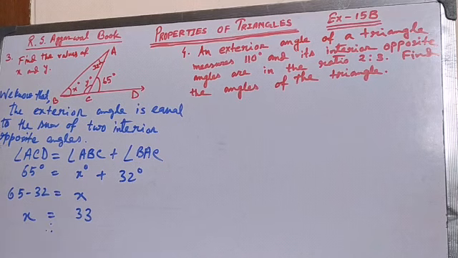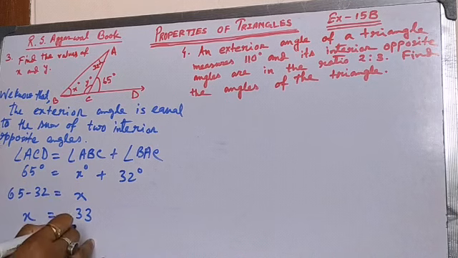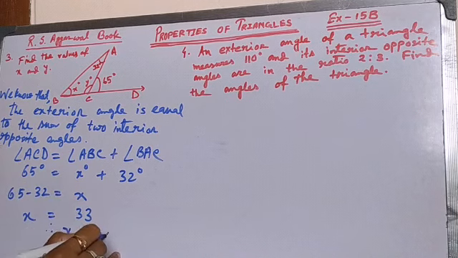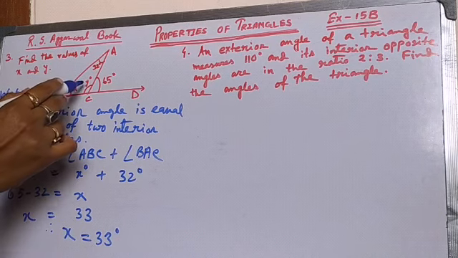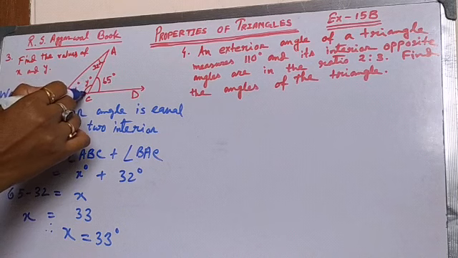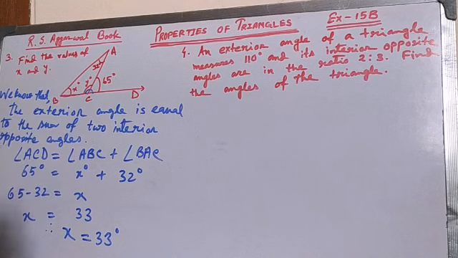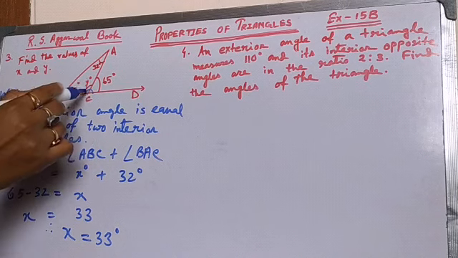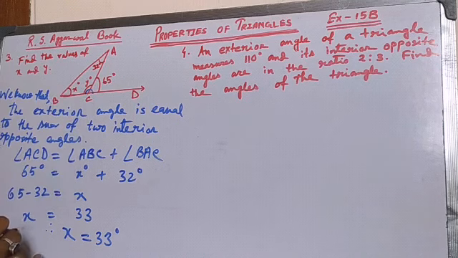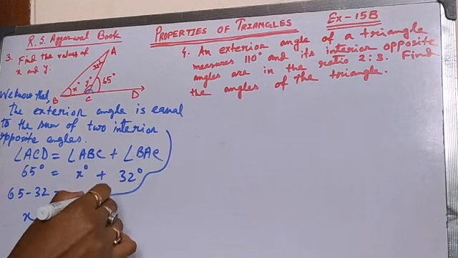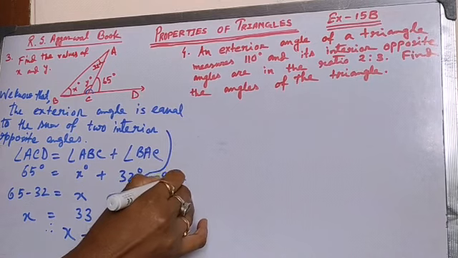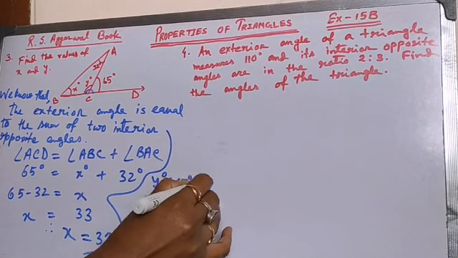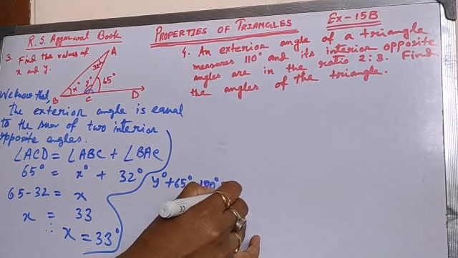Therefore x equals 33 degree. Then I will find the value of y. This is a linear pair, that means the sum of this angle and this angle is 180 degree. So y degree plus 65 degree equals 180 degree, that is a linear pair.